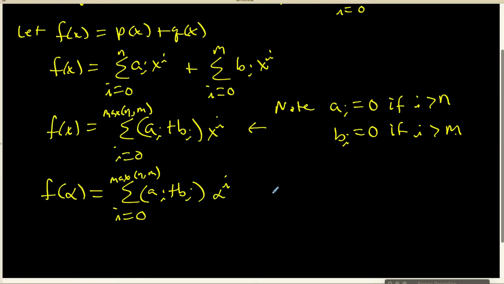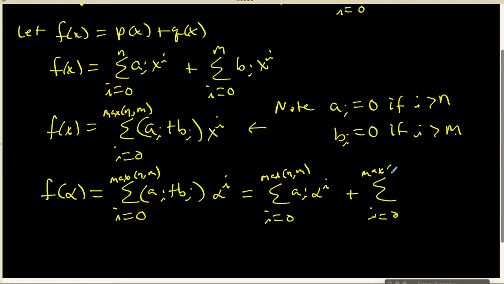But I can break that sum apart, and it's going to be the sum as i goes from 0 to the maximum of n and m of ai times alpha to the i, plus the sum as i goes from 0 to the maximum of n and m of bi times alpha to the i.